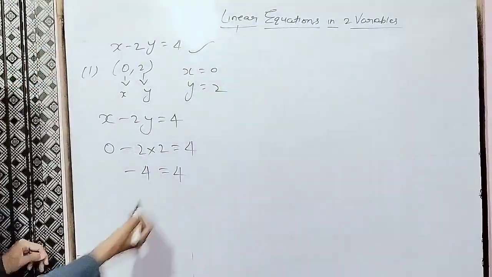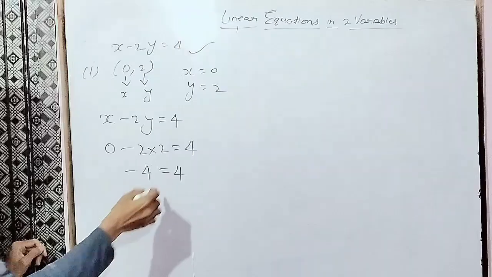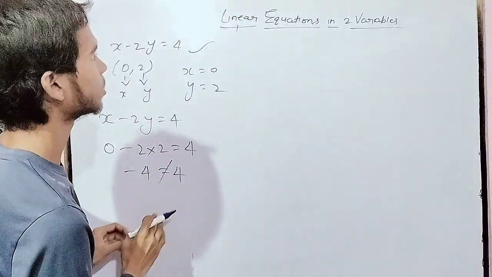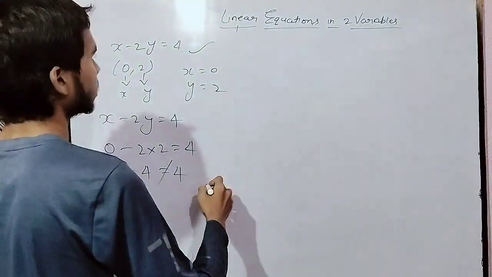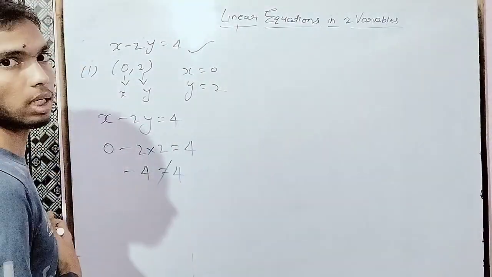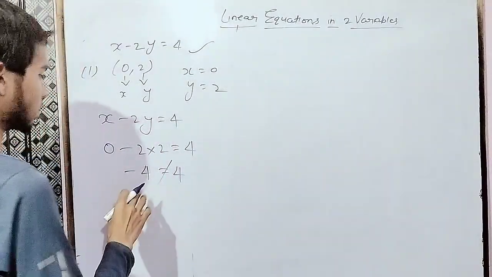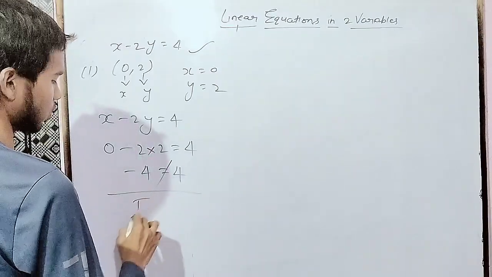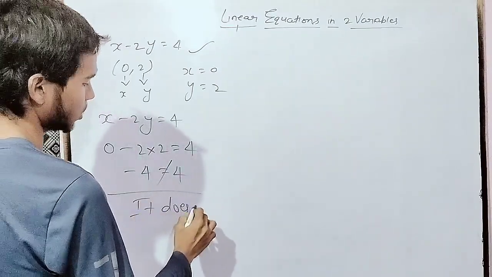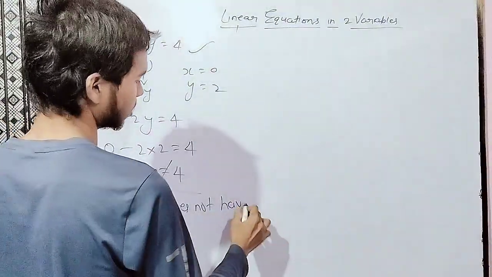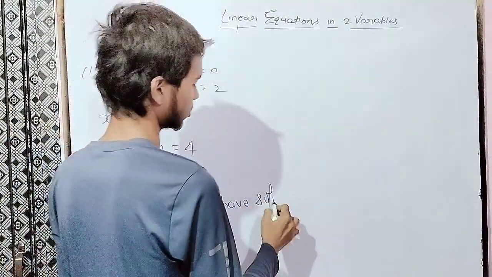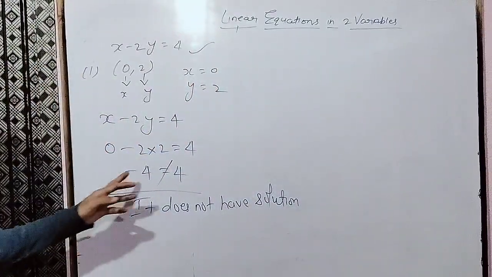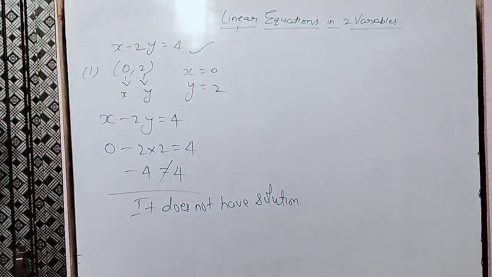This is minus 4 and the right side is plus 4, still different. When both sides become equal, we can say it has a solution, but here it doesn't have a solution, because LHS is not equal to RHS.